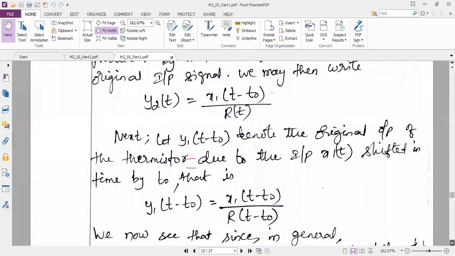If there is no integration and differentiation, at any cost we cannot make the right hand sides equal. So if my right hand sides are not equal, definitely my left hand sides are also not equal. If my left hand sides are not equal, then, since the question is asking us to prove time variant, I can easily say that the thermistor is time variant.